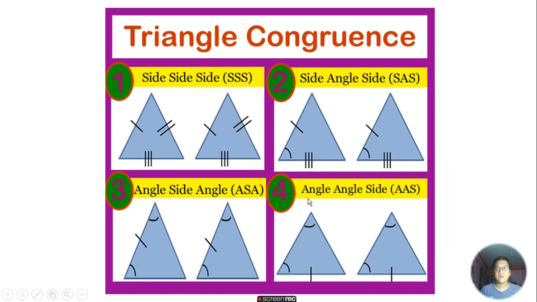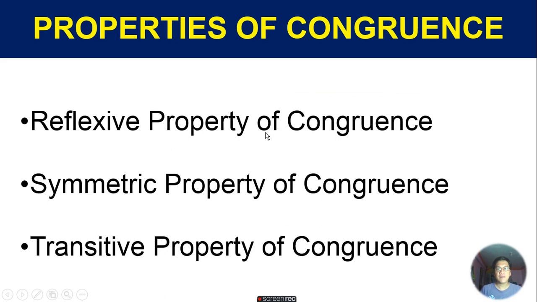And then the fourth one is the angle angle side or AAS. So the first three are all postulates, while the AAS is a theorem. But before we proceed, let's first have some properties of congruence.